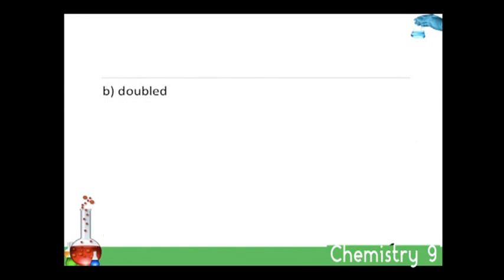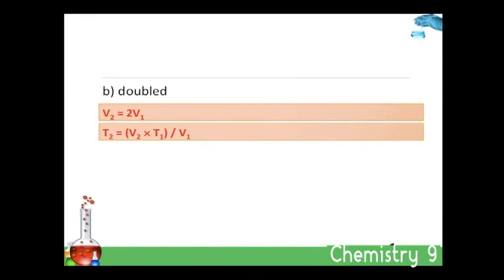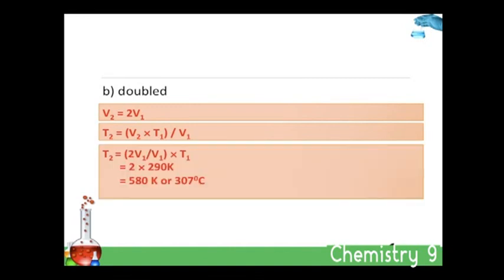Doubled. We'll use Charles's law again. The answer is 580 Kelvin or 307 degrees Celsius.